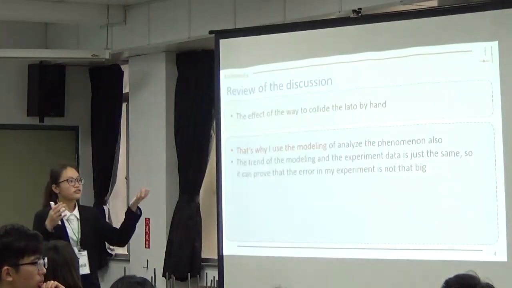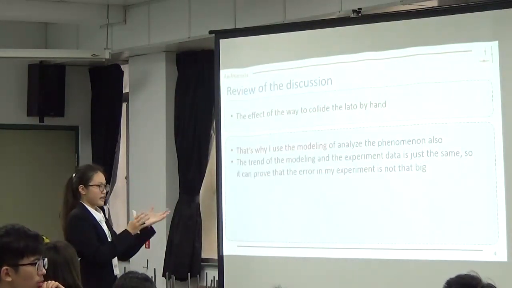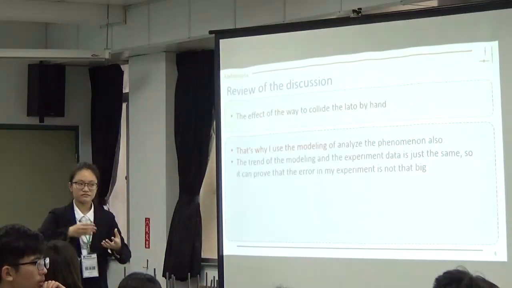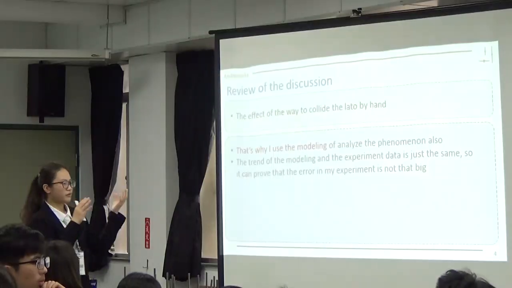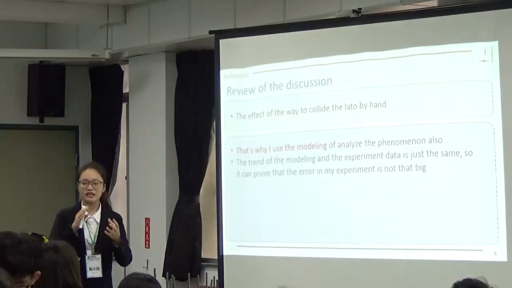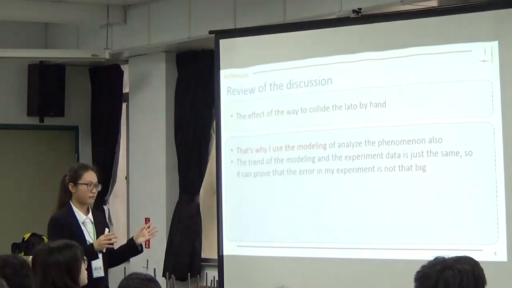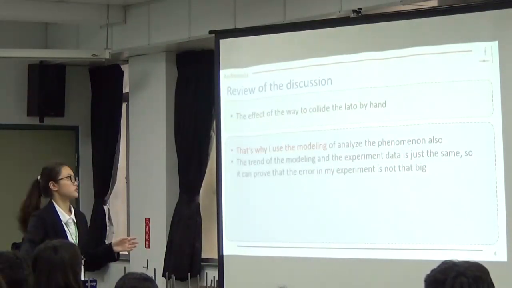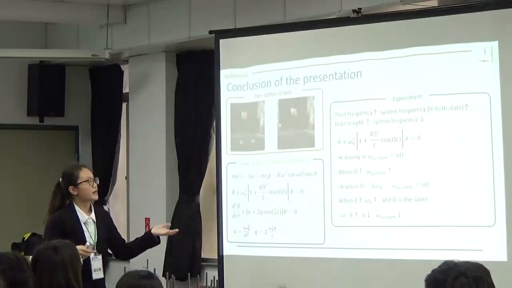I also know that maybe it's not that accurate, but that's why I have used modeling to prove that my experimental data will fit the modeling data. So I don't think there's going to be that much of a difference. So I think that is a really important part in my presentation. And that is my conclusion.